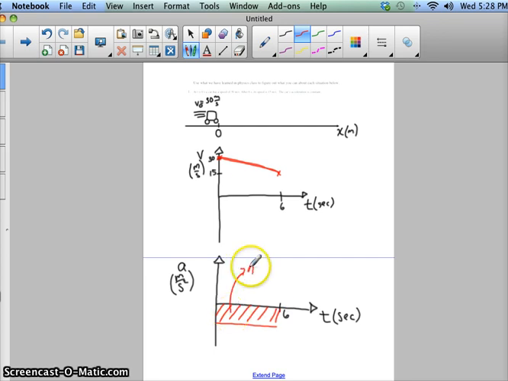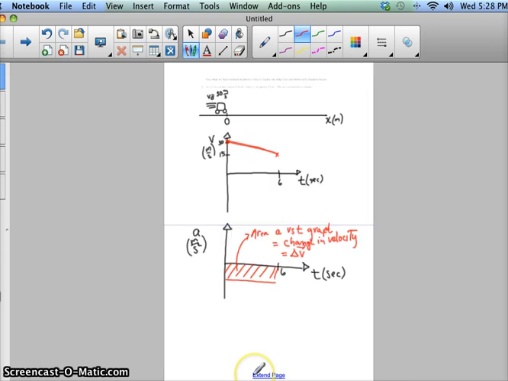So area of the acceleration versus time graph is equal to change in velocity, symbol for that is triangle v, arrow. Okay.